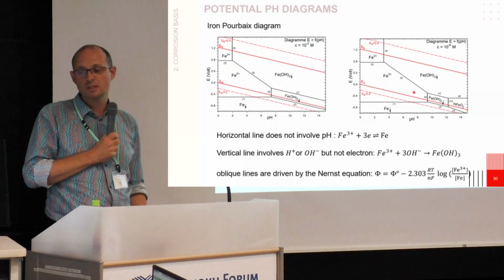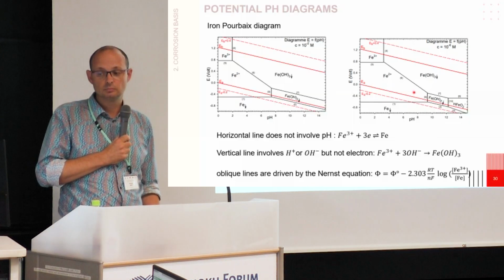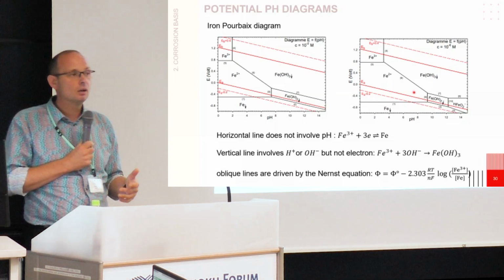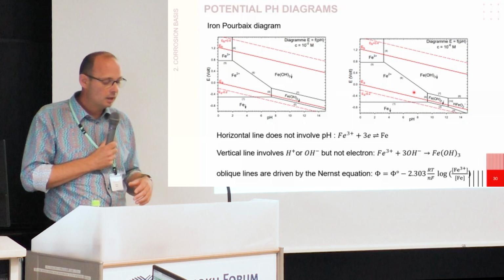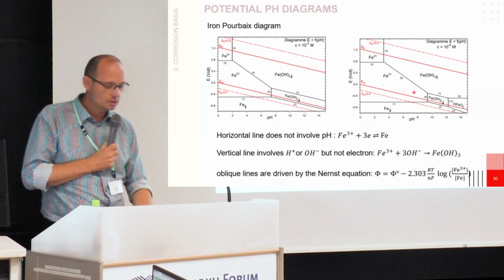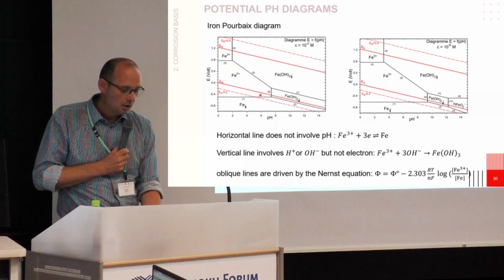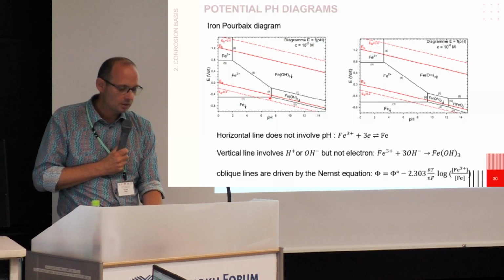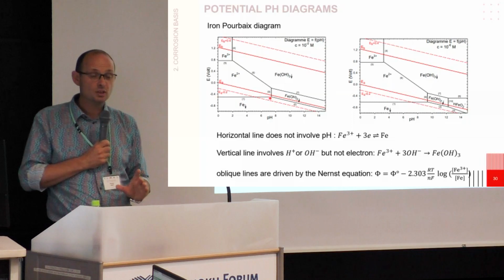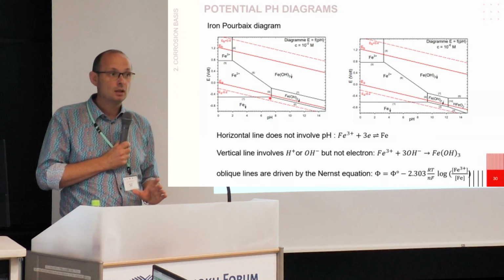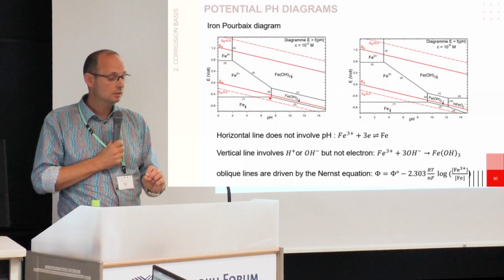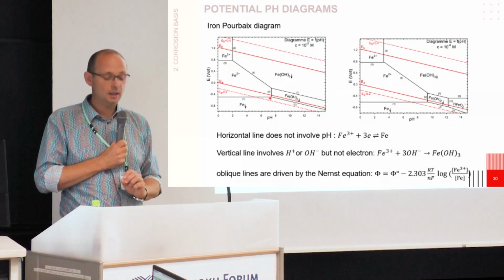Let's have a look at what happens for iron. There are a lot of equations dealing with where iron oxide or iron is stable. I will just give you the schematic of that. This line is a horizontal line. That means that the reaction that takes place involves only the element, its ions, and electrons.